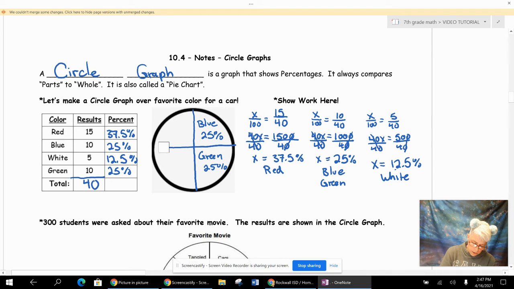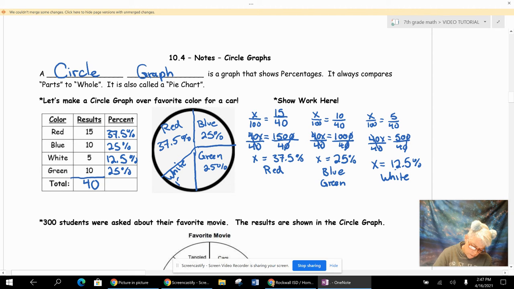So what I'm going to do is erase this line and move it down a little bit. Okay, now I have kind of, sort of, not exact, but I have red, which is 37.5%, and white, 12.5%.